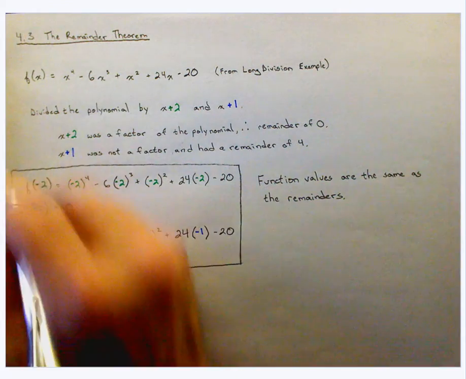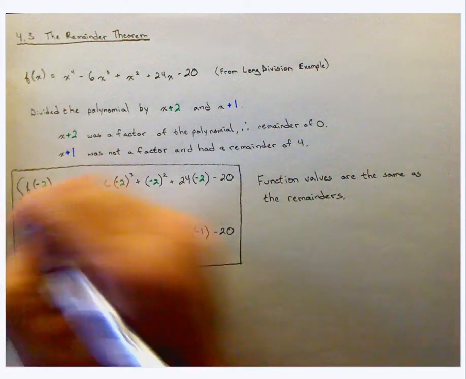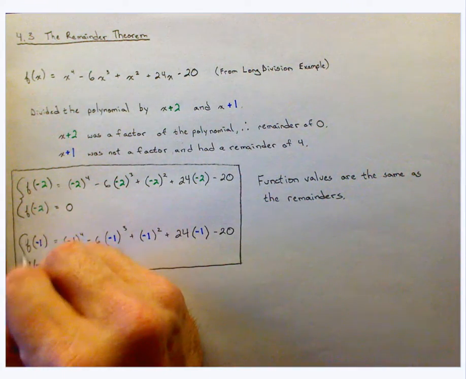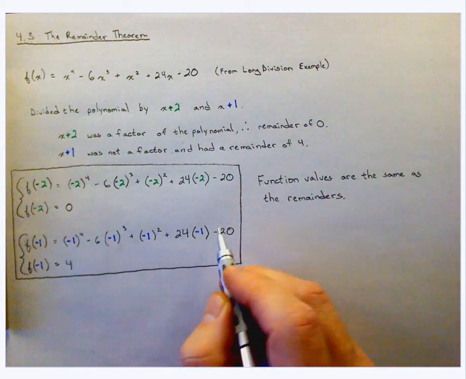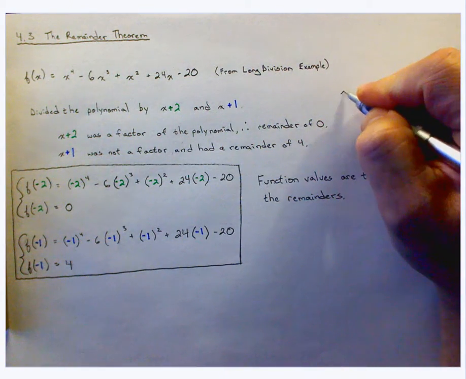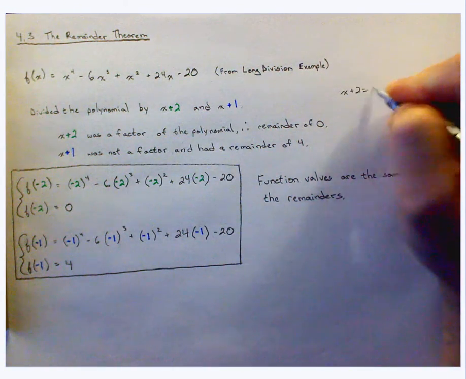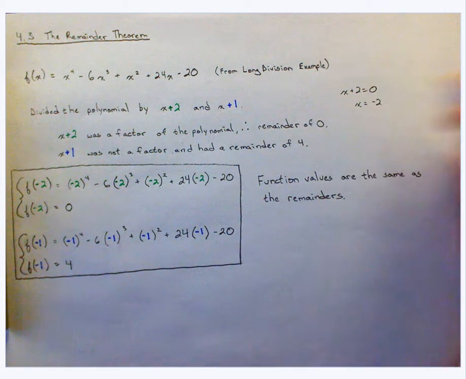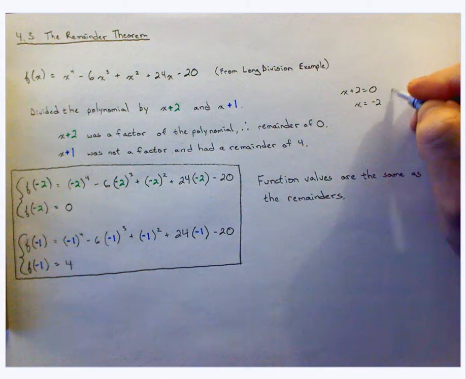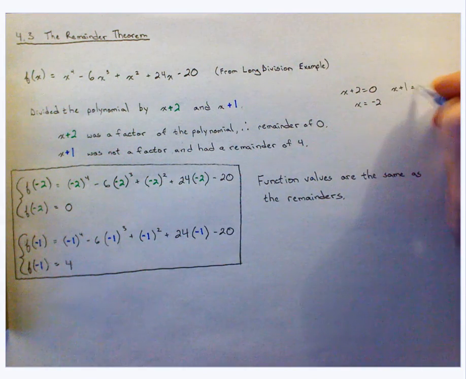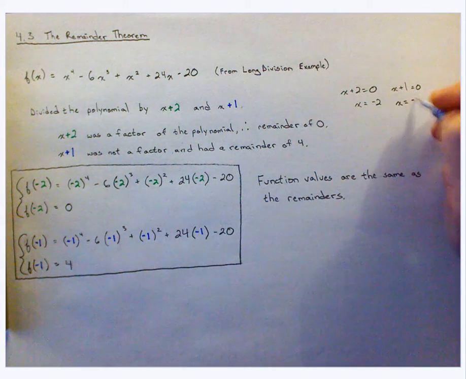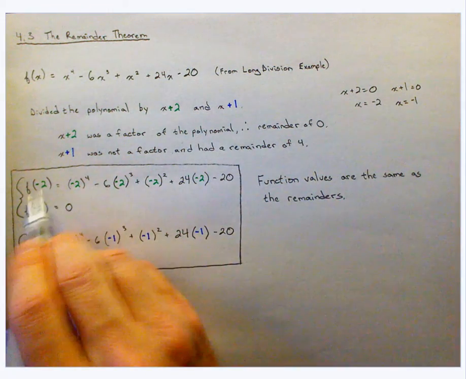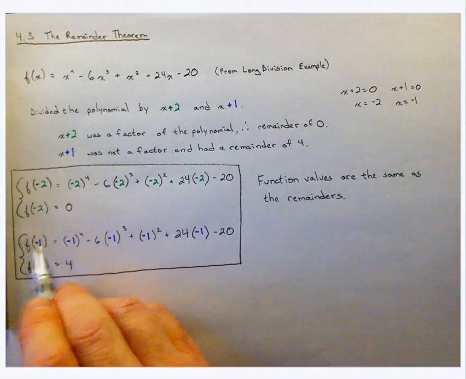This one up here, all of this deals with x plus 2, and all of this deals with x plus 1. So if I look at x plus 2 equals 0, what is the value of x? Well, x equals negative 2. And if I look at x plus 1 equal to 0, the value of x is negative 1. So that's why I'm plugging in a negative 2 here and a negative 1 here.